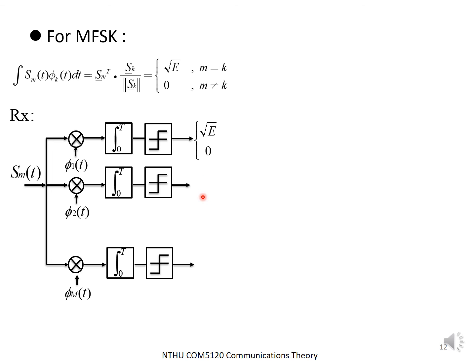The vector distance between any two different symbols would be the square root of 2E, so the minimum distance d is the square root of 2E.